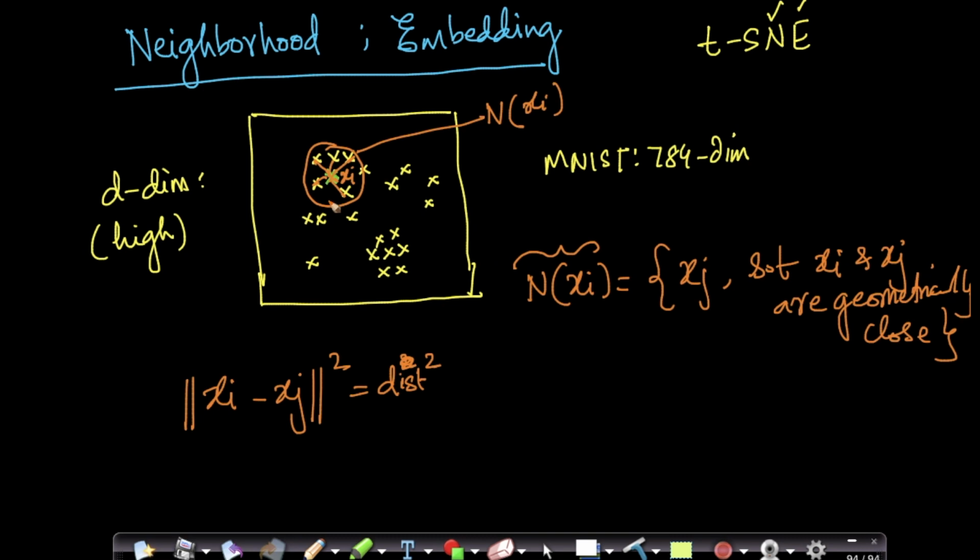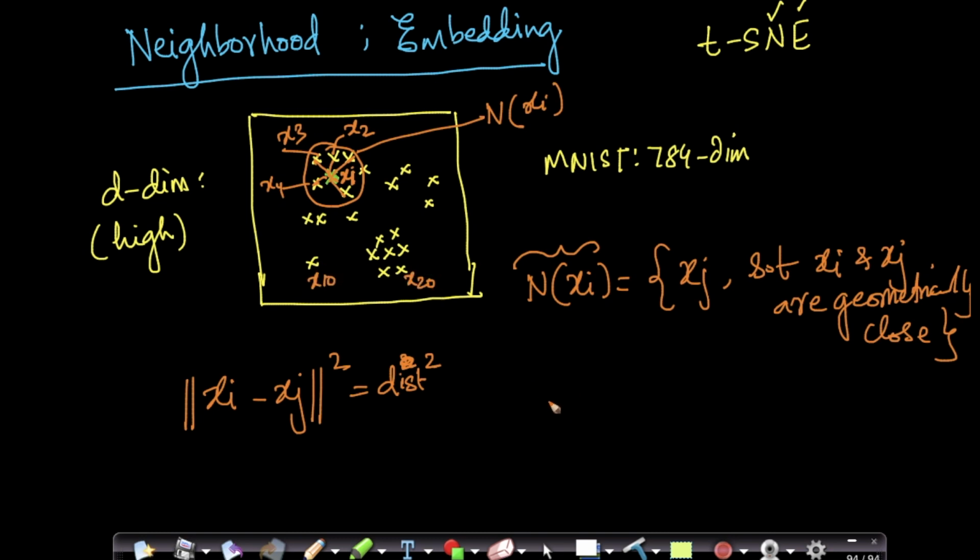So neighborhood has the same meaning as usual: these crosses are close to x1. For example, let's call the central point x1, and name these points x2, x3, x4, then x10, and x20.